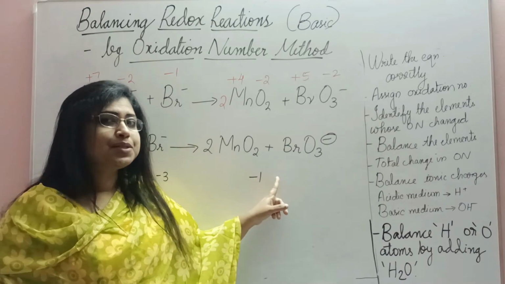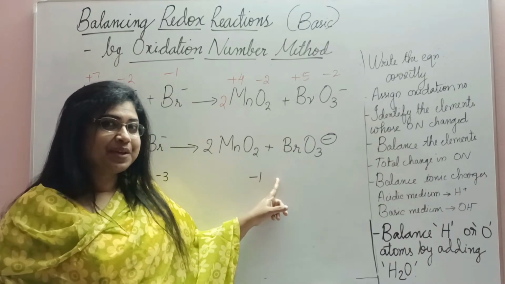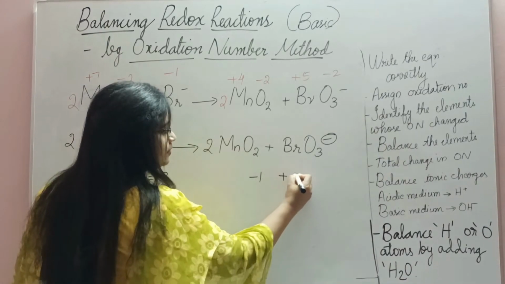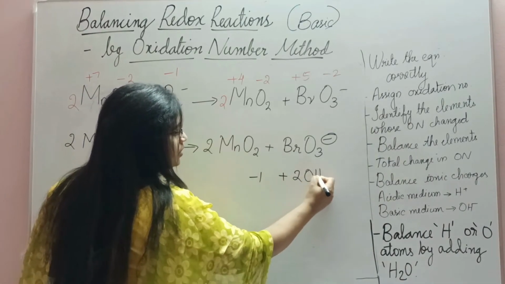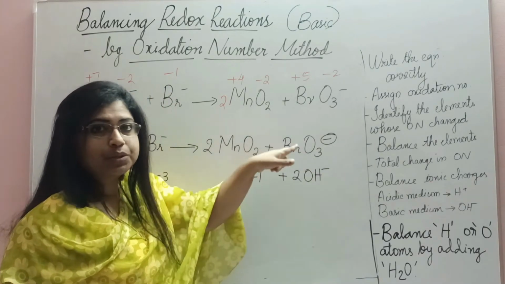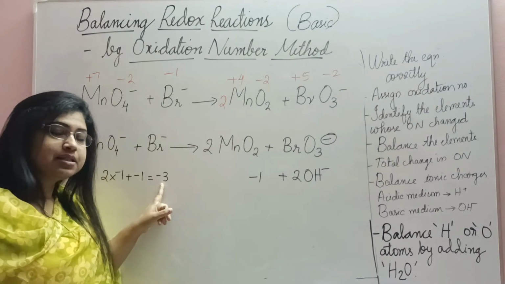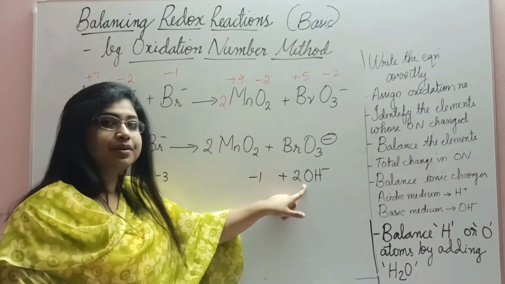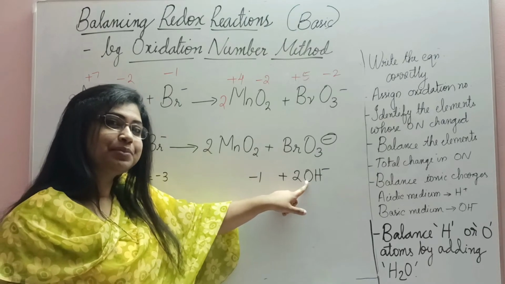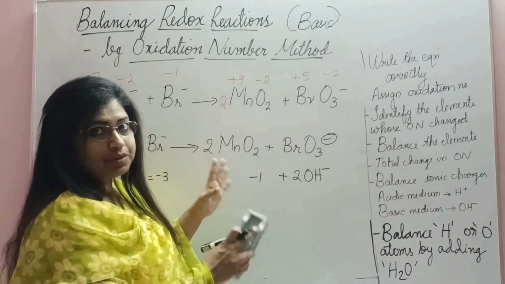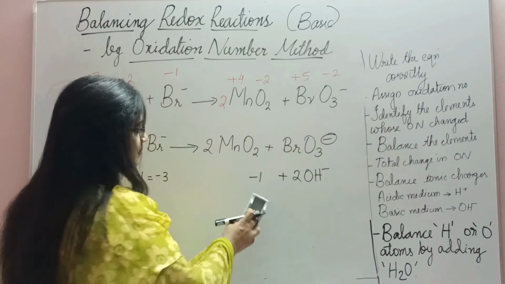We need -2 charge here. For that we need to add 2 OH minus ions on the right hand side of the equation, that is on the product side. On the reactant side already the ionic charge is -3, so we need 2 more negative charges; for that we will put 2 OH minus ions here. Remember, the reaction is always taking place in aqueous solutions.